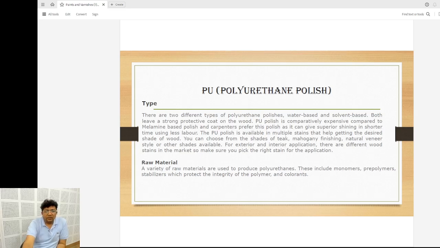The PU polish is available in multiple stains. You can slightly change the color of the actual wood with the help of the stains. We have different stains available in the market for that purpose.